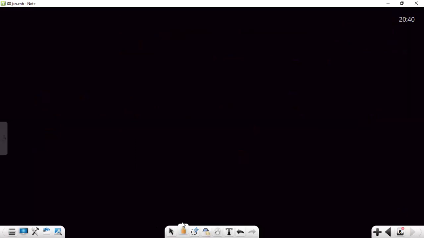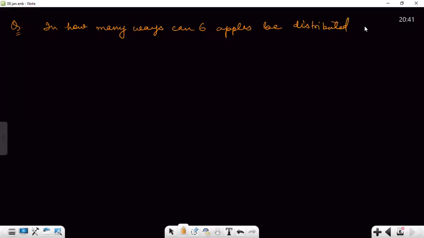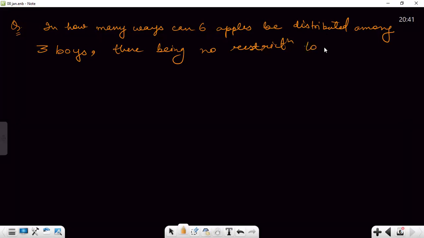There is a question. In how many ways can 6 apples be distributed among 3 boys, there being no restriction to the number of apples each boy may get?